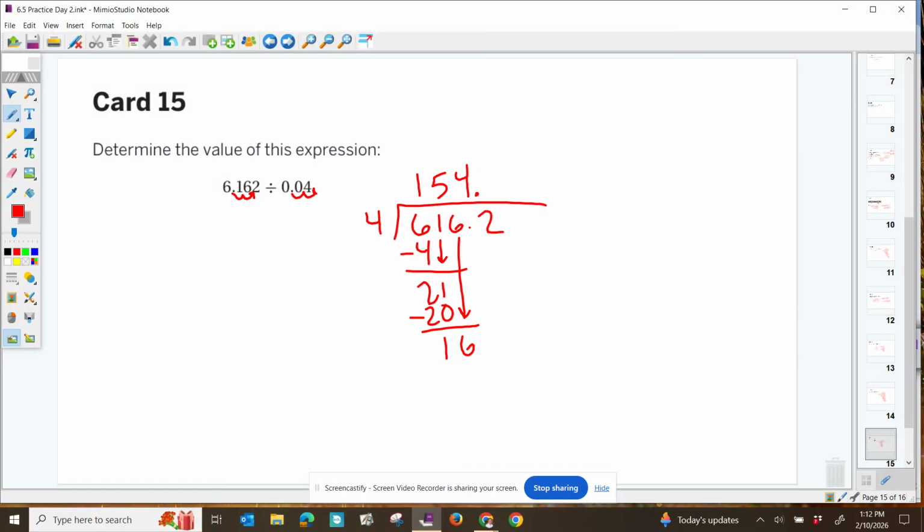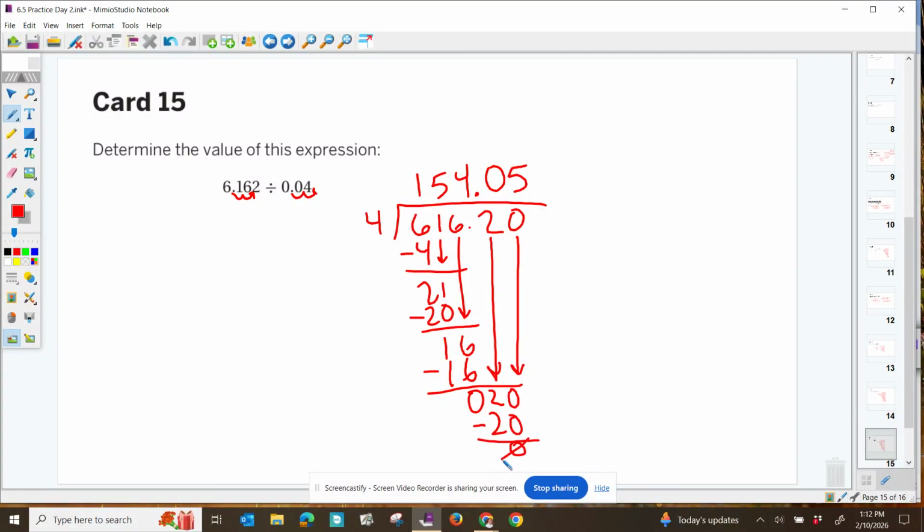There's a point right there, but it goes in there. 16 is perfect. And so you get a 0. You have to bring down the 2, and then you have to know that 4 goes into 2 0 times. Add another 0. And now it goes in there 5 times. That extra 0 is going to mess some people up. I know it is. $154.05.